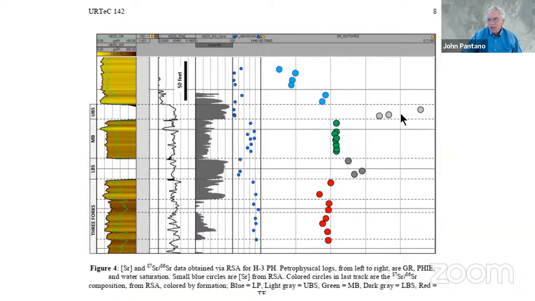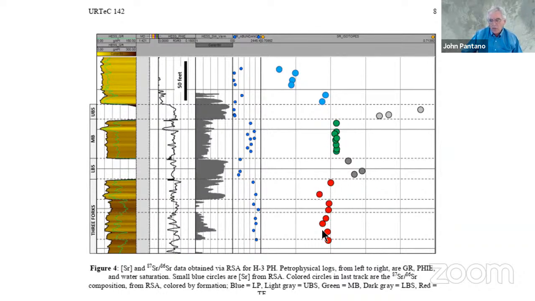Then when we go into the shale, we get a much more radiogenic strontium isotope. In the middle Bakken, it's pretty homogeneous, where it's about the same ratio for the residual salts analysis. So remember, this is the residual salts analysis that allows us to assign a range of numbers.